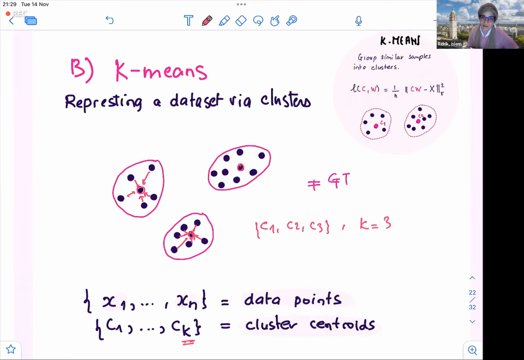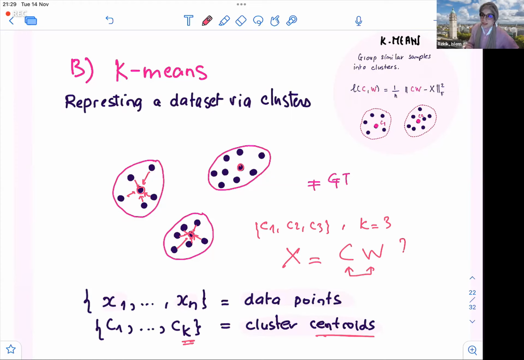What does that remind you of, guys? Somehow we're trying to get or learn the centroids, right? So the C matrix. So we're trying to decompose or factorize X into a multiplication of a C and a W somehow, right? Like in the factorization process, it means that it's a multiplication of 2 matrices.